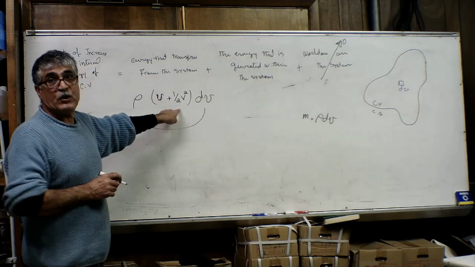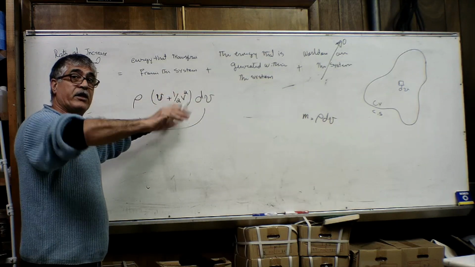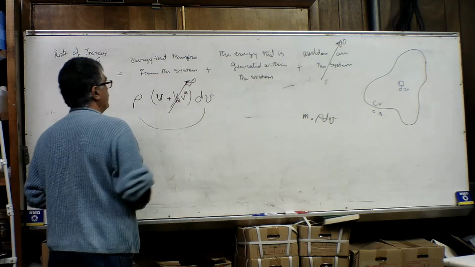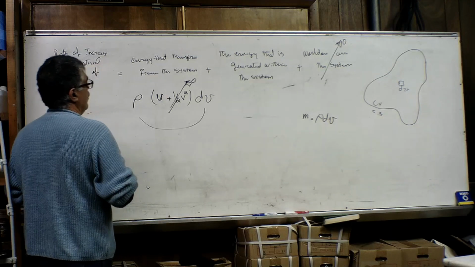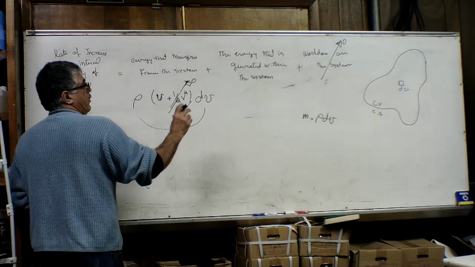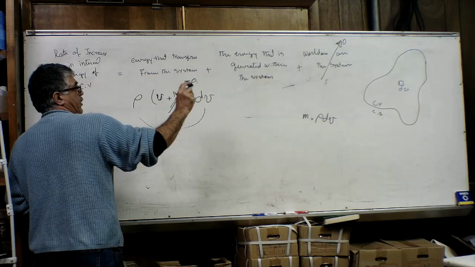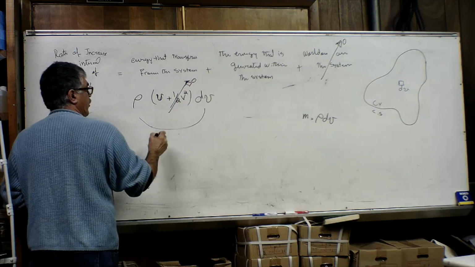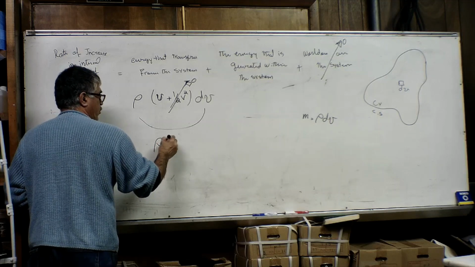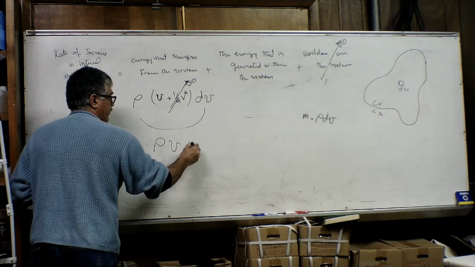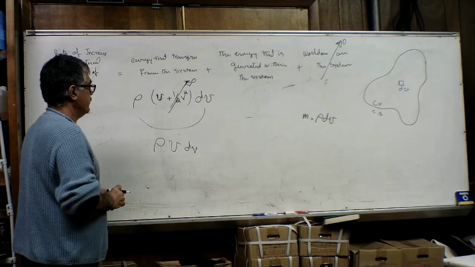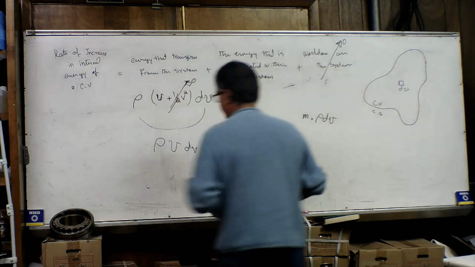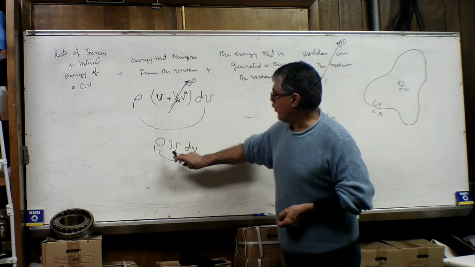Since we have assumed that our system is stationary, low velocity, this portion will be 0. So the energy within that differential volume we can write as rho u dV, which is mass multiplied by u.